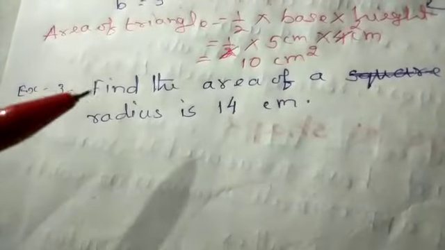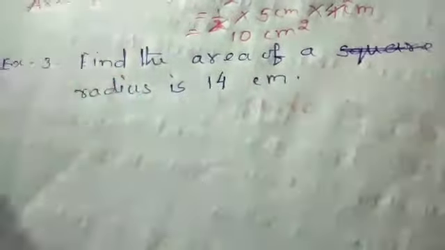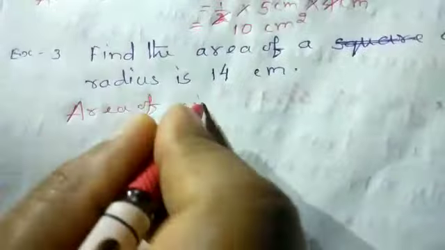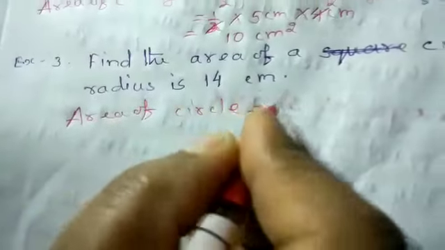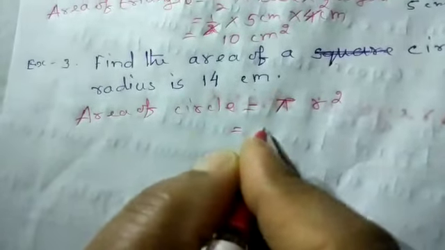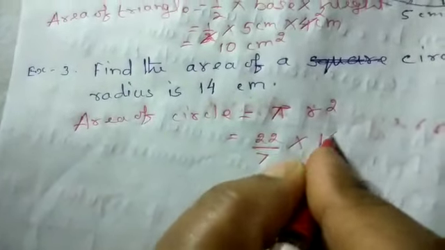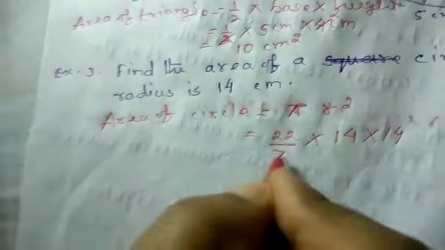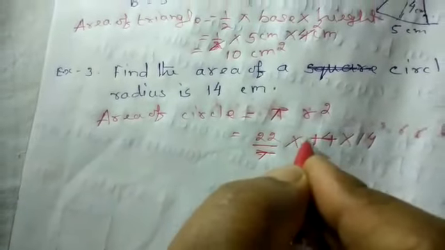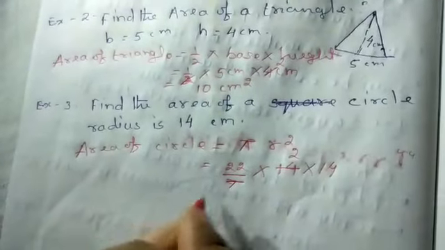Now find the area of a circle. The radius is 14 centimeter. So the area of a circle equals pi r square, that equals 22/7 into 14 into 14.